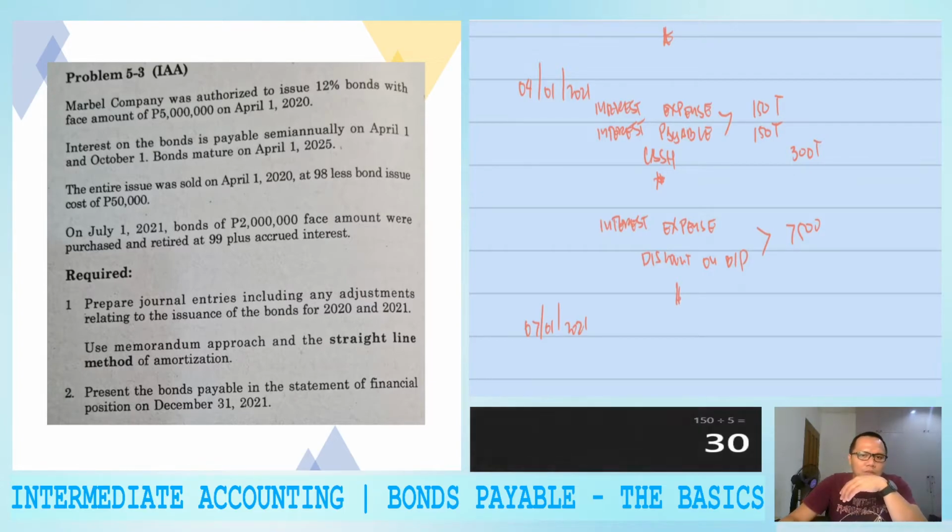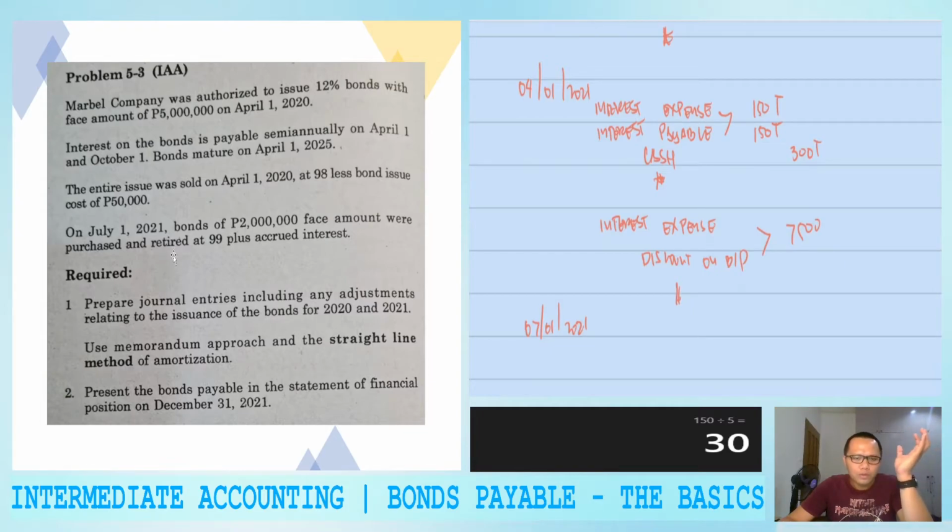The maturity of this bond issue still would be on April 1, 2025. Di ba? So if we have reacquired it in July 1, we still have the prerogative to reissue this. But in this case, because it is specifically stated na it was retired on July 1, then we do not have the intention to reissue.